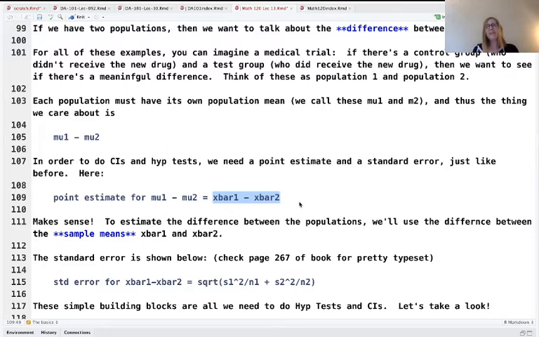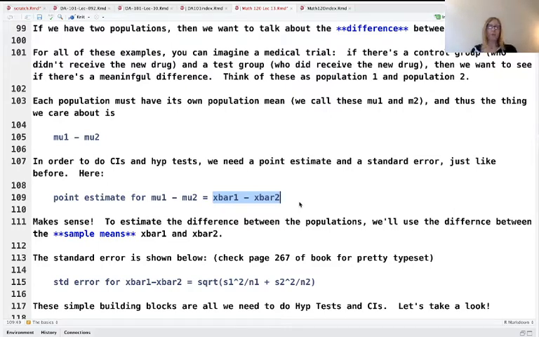We're going to do the thing that you would guess. We've got two samples. We've got two sample averages. Let's find out the difference between them, literally, x bar 1 minus x bar 2. That's our point estimate here. And that's our first guess about how different these populations are.